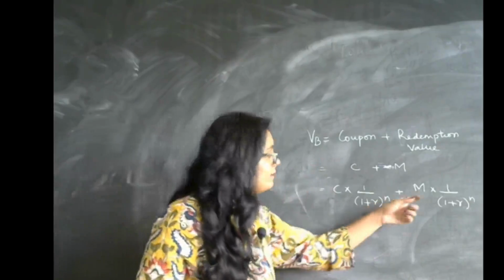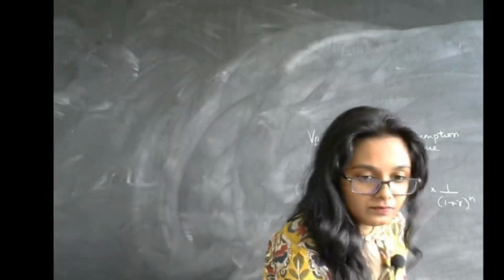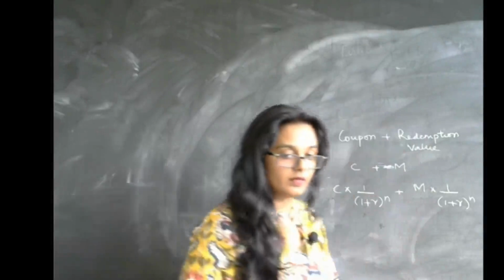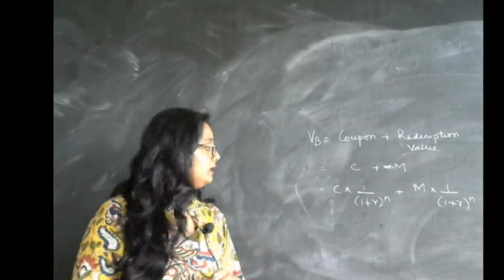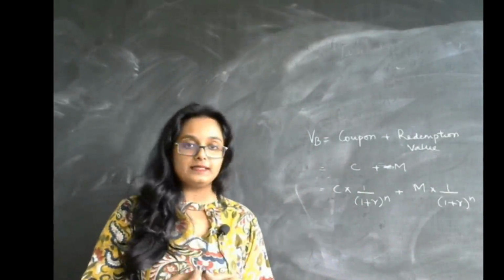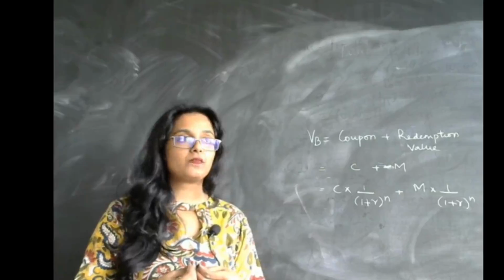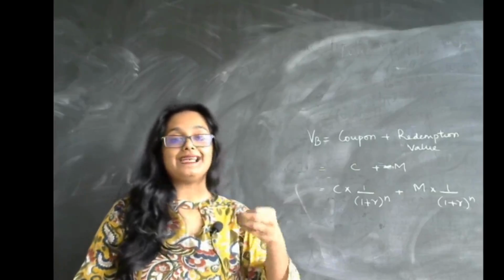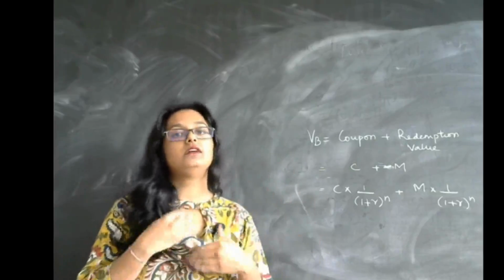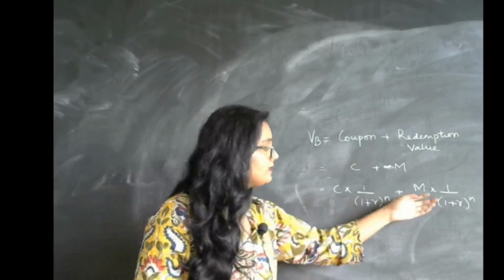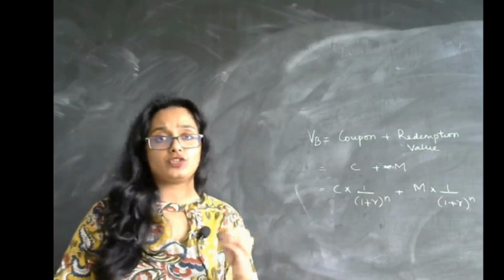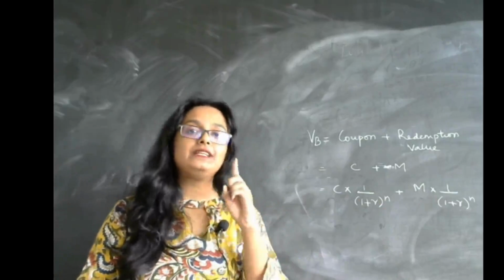Whereas the maturity value basically is something which is paid at the end of the life of that bond, once the bond matures, and that is paid only once.